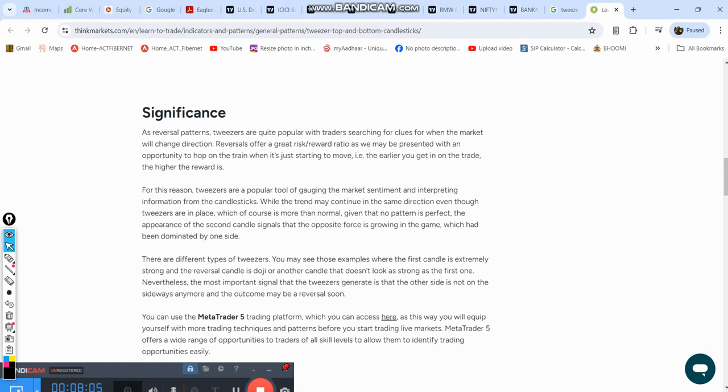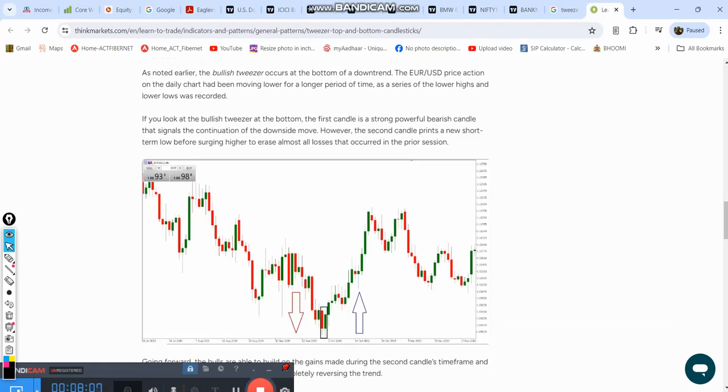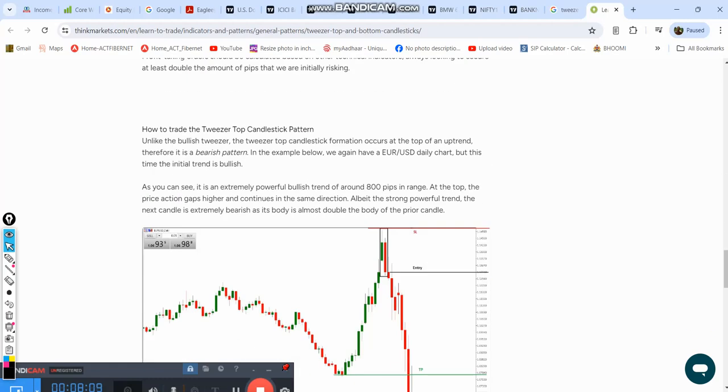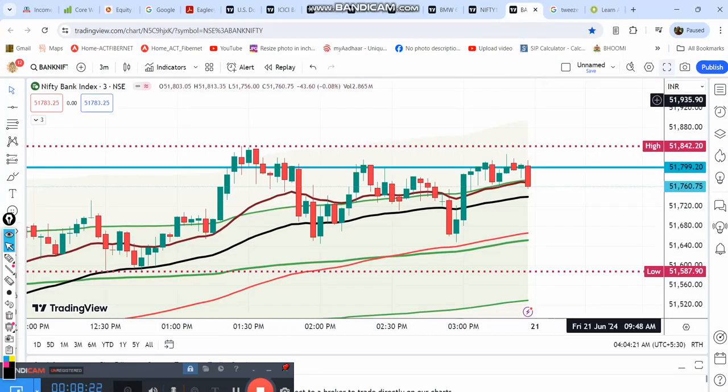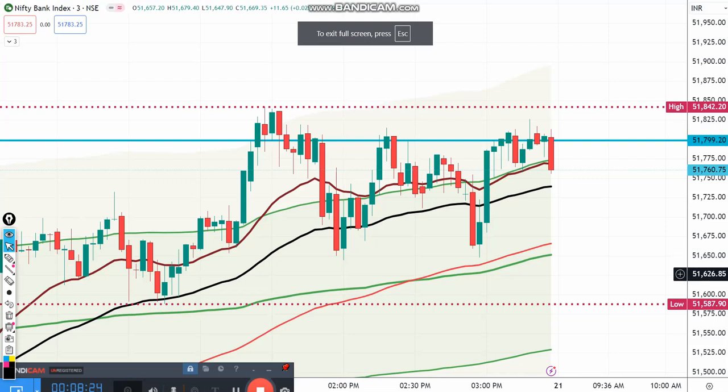So after this tweezer top, the market starts going down. If there is a tweezer top structure like this, after an up move, there is a tweezer top and the market starts falling from the tweezer top. So here this structure is a tweezer top pattern.